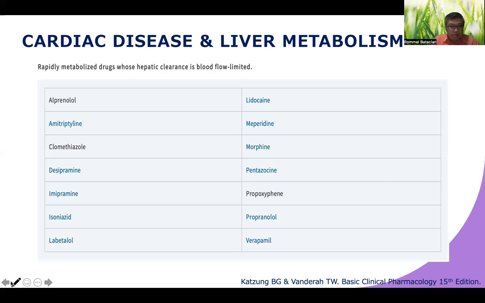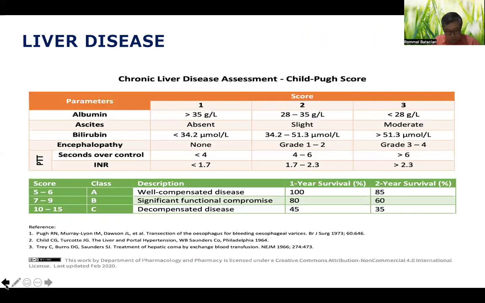Going back to this slide, the Child-Pugh score. So if the kidney has a categorization based on the estimated GFR and the albuminuria, there's also the Child-Pugh score, which is a classification system to assess the severity of chronic liver disease. It evaluates liver function based on 5 factors. First one would be encephalopathy, also the sensorium of that individual. Ascites, which is the presence or absence of fluid accumulation in the abdomen.